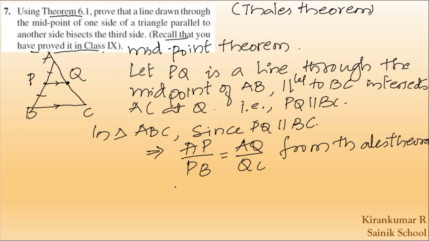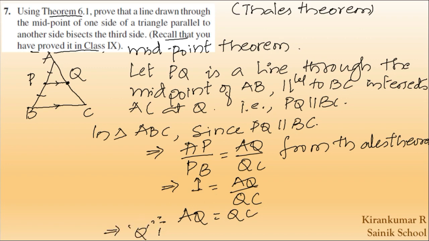Since P is the midpoint, we get the ratio as 1. So 1 will be equal to AQ by QC. On cross multiplication, we get AQ equal to QC. Since AQ equals QC, we get the point Q as the midpoint of AC. Hence, we have proved the midpoint theorem.